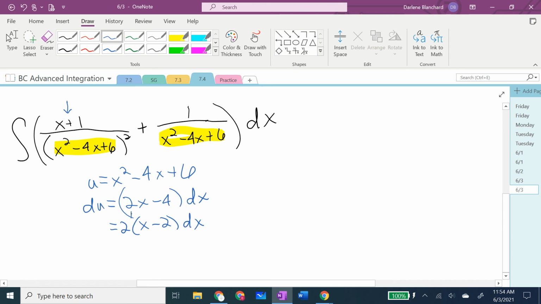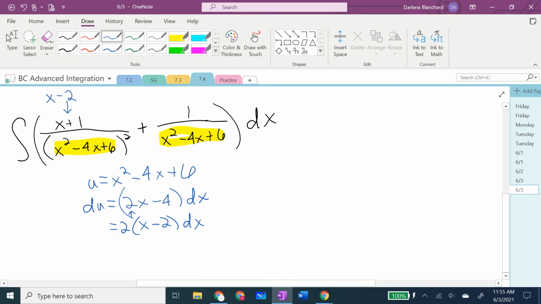When I factor out this 2, I can see that if that numerator had been x minus 2, a u substitution would be usable. But it's not x minus 2, it's x plus 1.